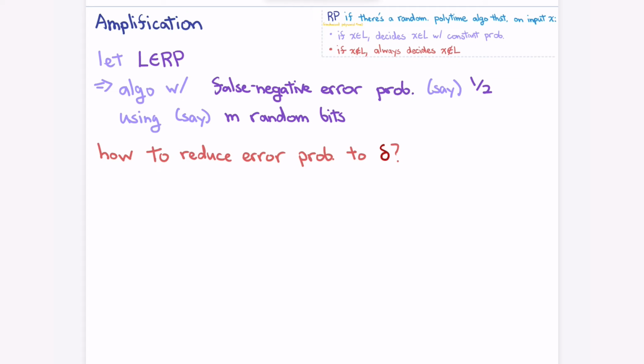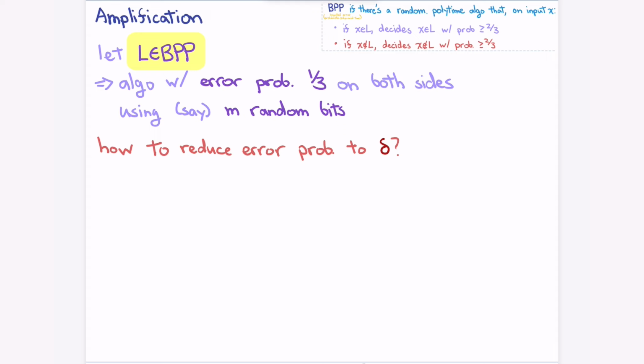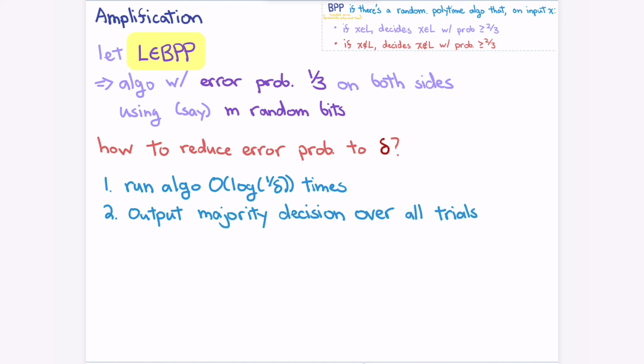This is double-sided error. So we will actually do the same thing. We'll repeat log 1 over delta times. The constant will have to be a little bit bigger, and we'll output the majority.